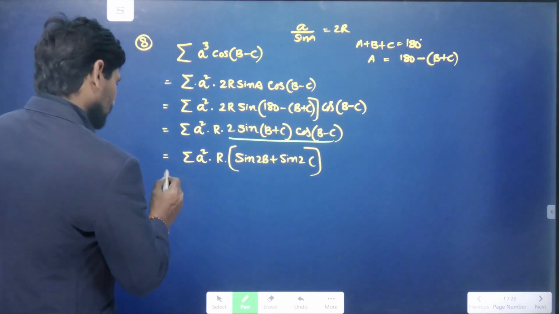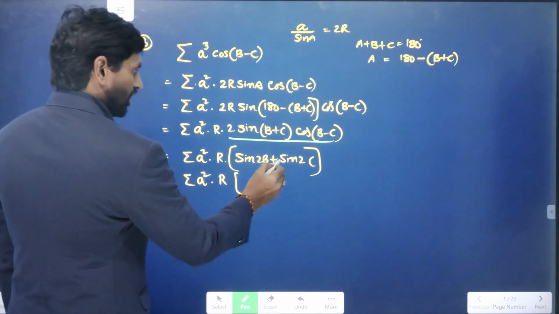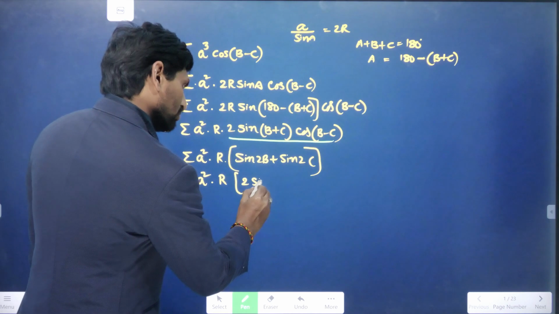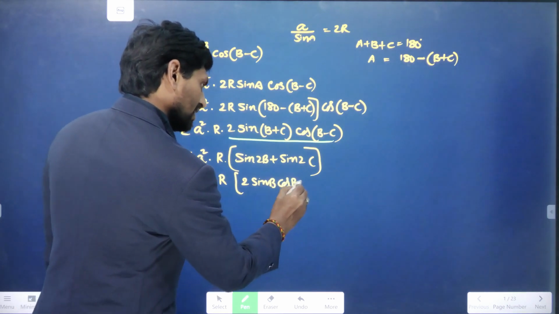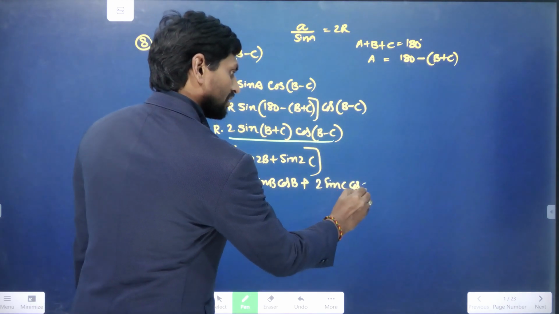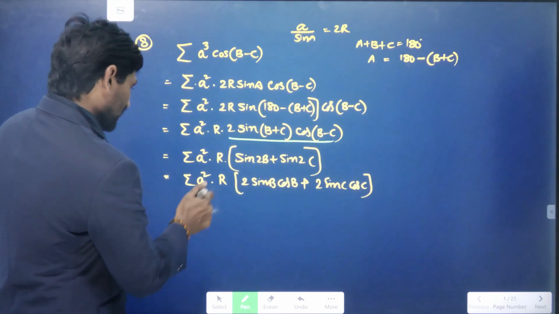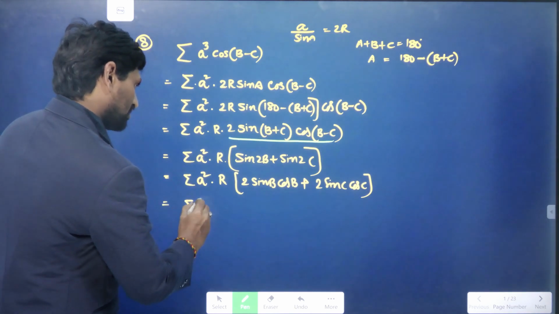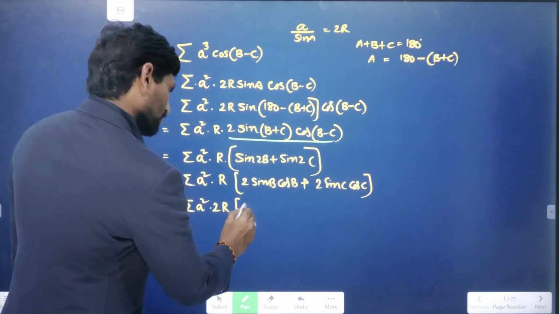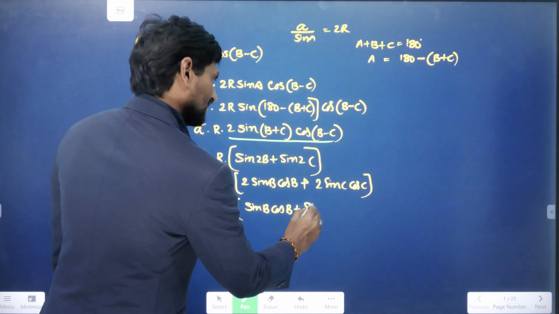That equals sigma a square into r. Now I am applying the sin 2a formula, 2 sin a cos a. So sin 2b is 2 sin b cos b, plus sin 2c, we can write 2 sin c cos c. That is the multiple angle formula. From both of them, I can take 2 common, so we can write sigma a square into 2r into sin b cos b plus sin c cos c.